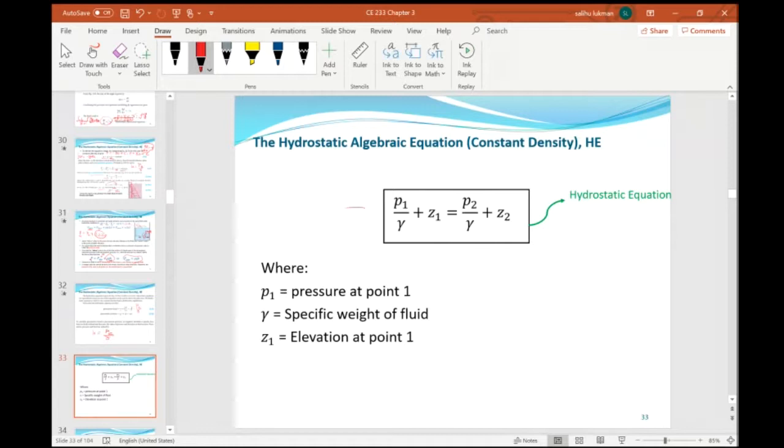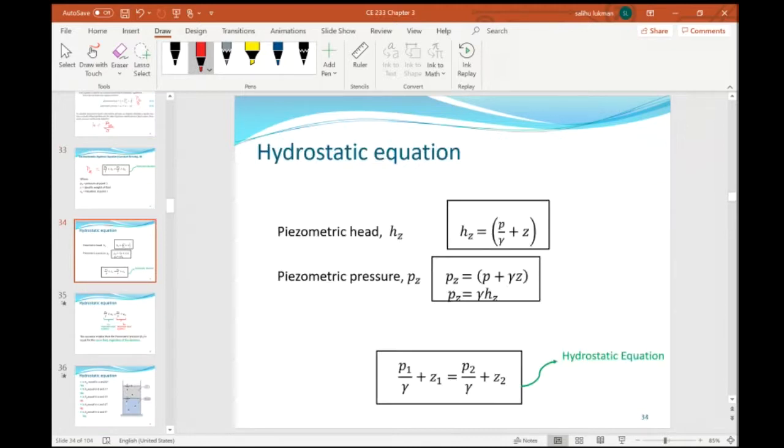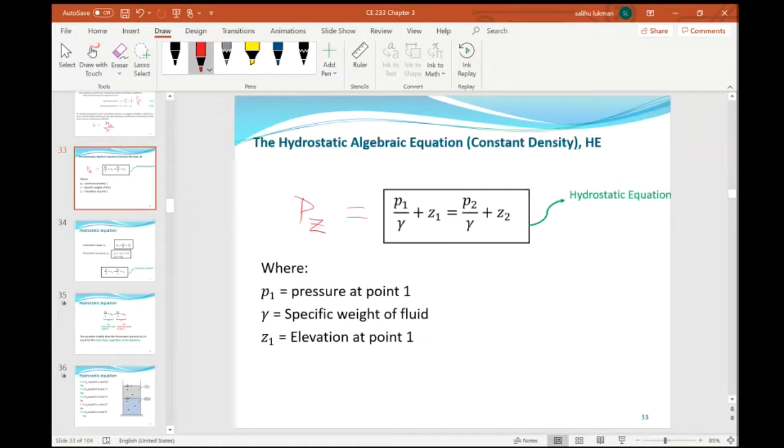This we said is equal to the piezometric head, Hz.